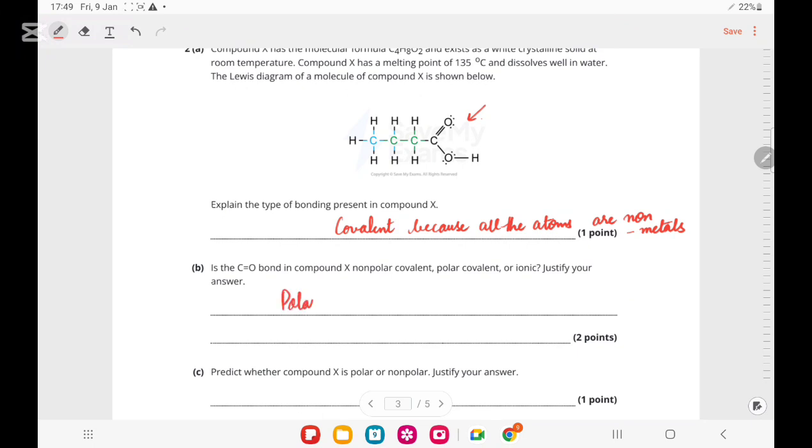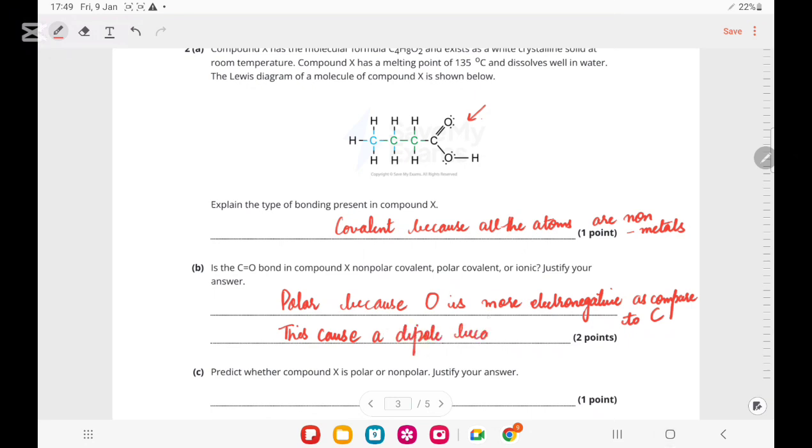The reason is that oxygen is more electronegative as compared to carbon, and this causes a dipole to be established because the bonding electrons are shared unequally.